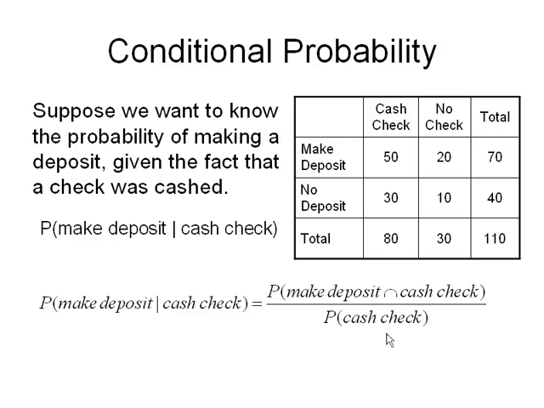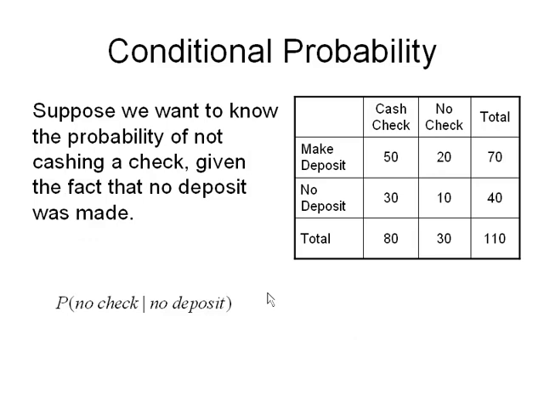Making a deposit and cashing a check, well, that's that 50. So the probability of doing that would be 50 out of 110. And then the probability of cashing a check would be the 80 out of 110. So 50 110ths divided by 80 110ths gives me 50 80ths. That's the exact same answer we got before, but now we're using the definition of conditional probability, whereas before we just kind of did it intuitively.